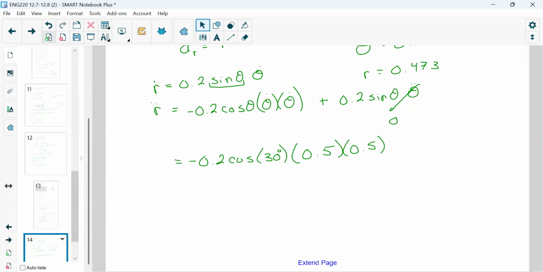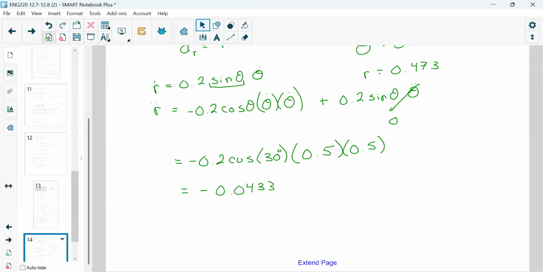I'm seeing negative 0.0433. Did anyone else get that? Yeah, negative.